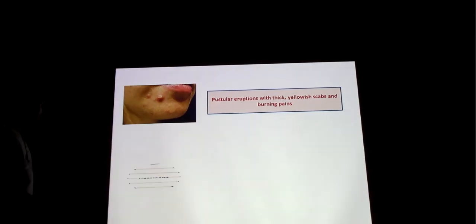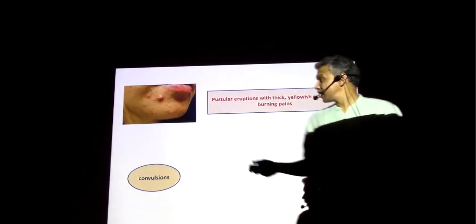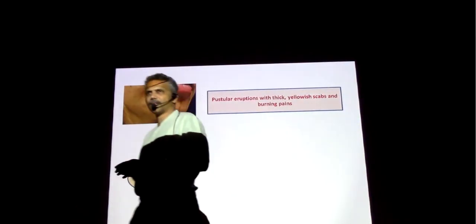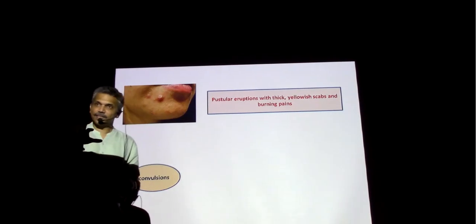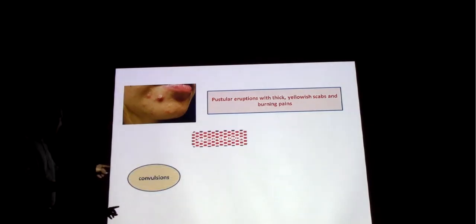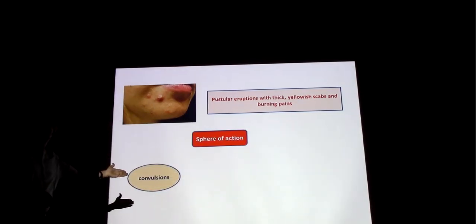Okay. Now before we close, quickly we'll have a quick revision of what we discussed. Under what headings did we describe CICUTA convulsions? So CICUTA convulsions was explored under ailments or before ailments? Sphere of action. Where do you see CICUTA acting?